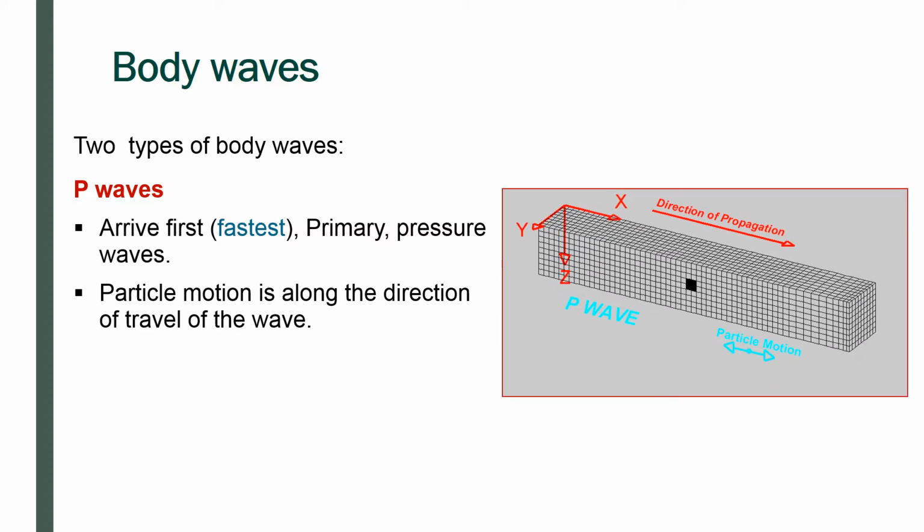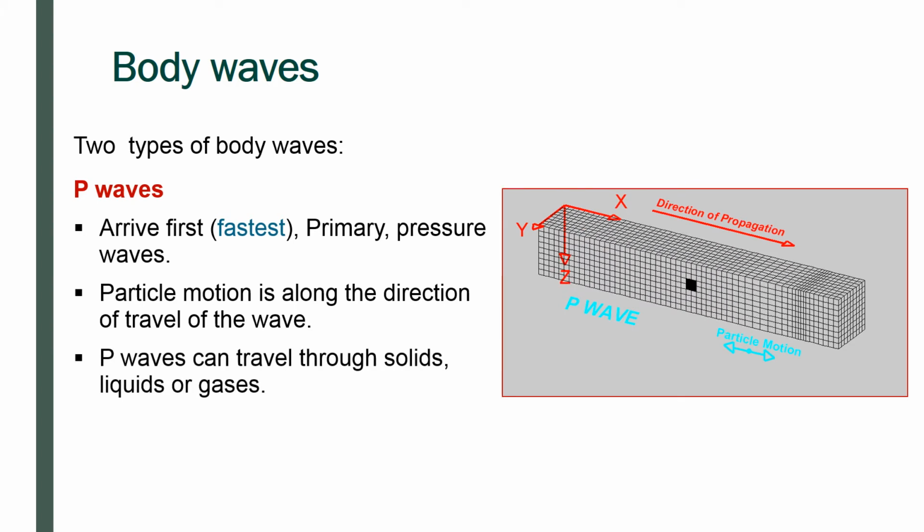As you can see from the animation on the right side, look at this black square. See, you have compressions and dilatations, and the particles are moving in the direction of the propagation itself. And one important character of a P wave is that they move through all media, solid, liquid, or gases.